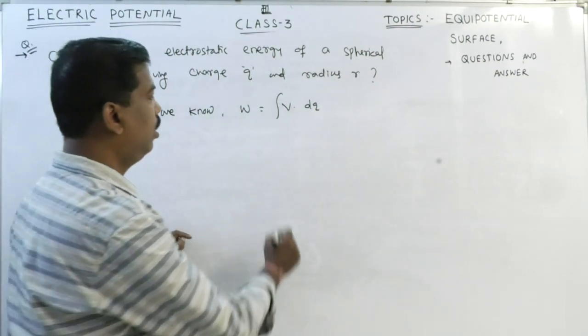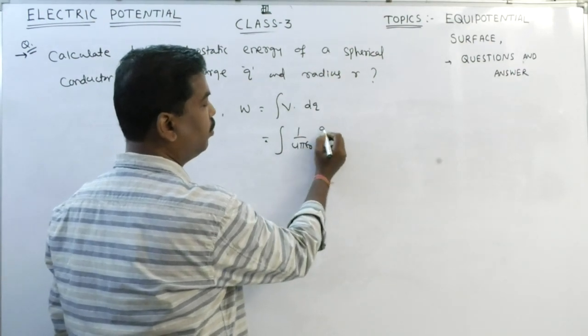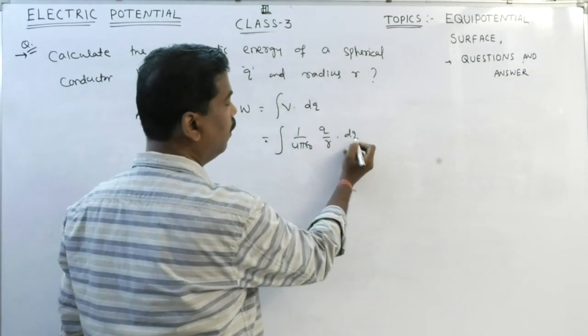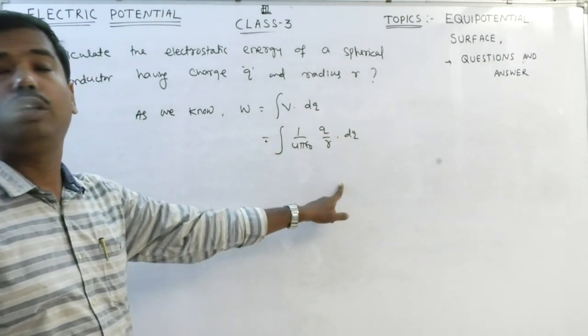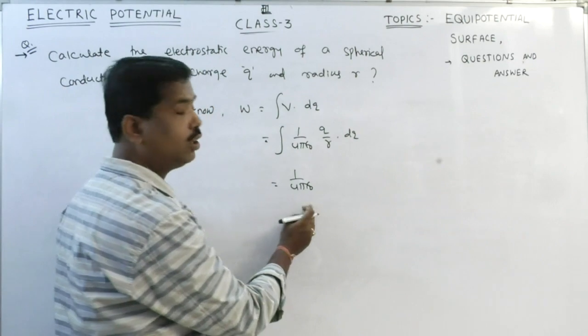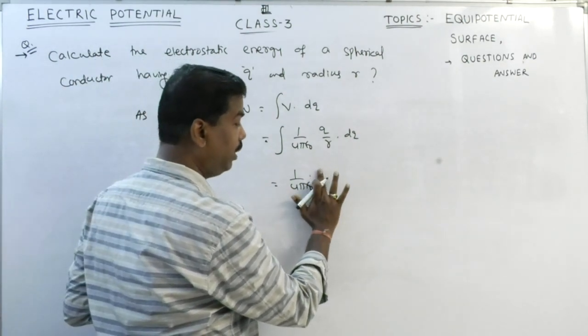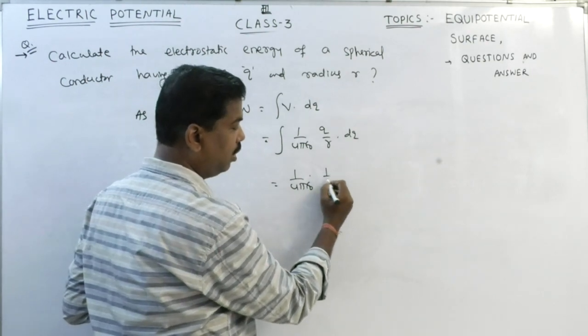For a spherical conductor, the potential is 1 by 4 pi epsilon 0 q by r, into dq. Therefore, 1 by 4 pi epsilon 0 is a constant factor, so it comes out, and 1 by r also comes out.